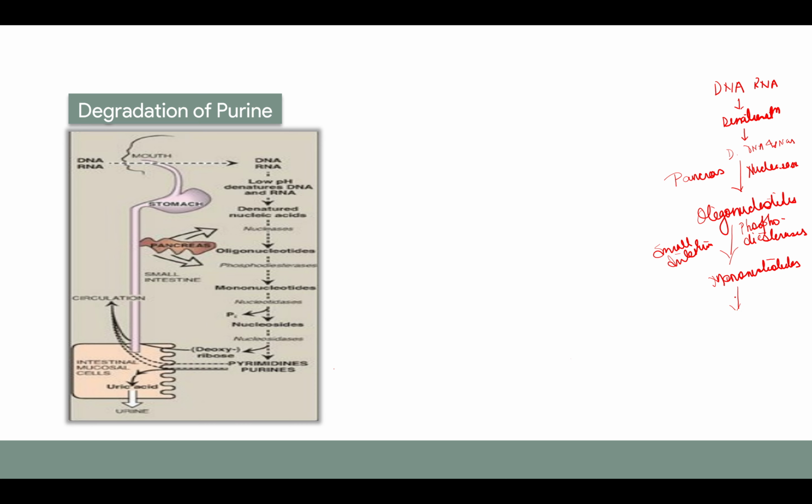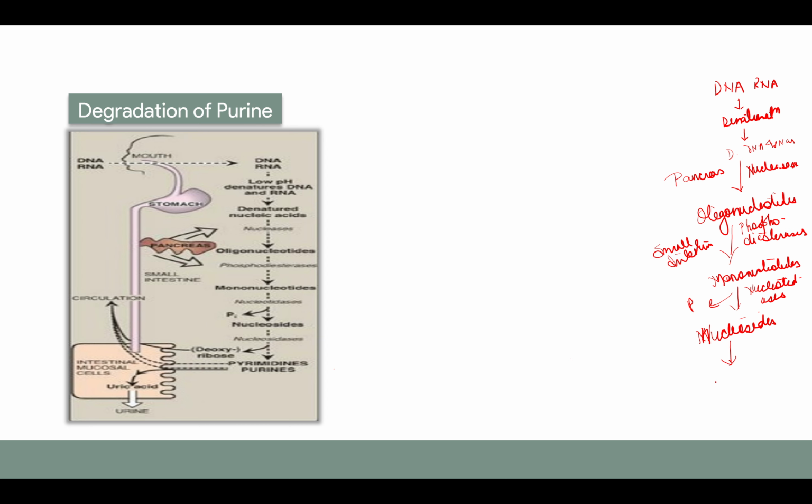These mononucleotides, by the release of phosphorus molecule, form nucleosides by the enzymes nucleotidases.